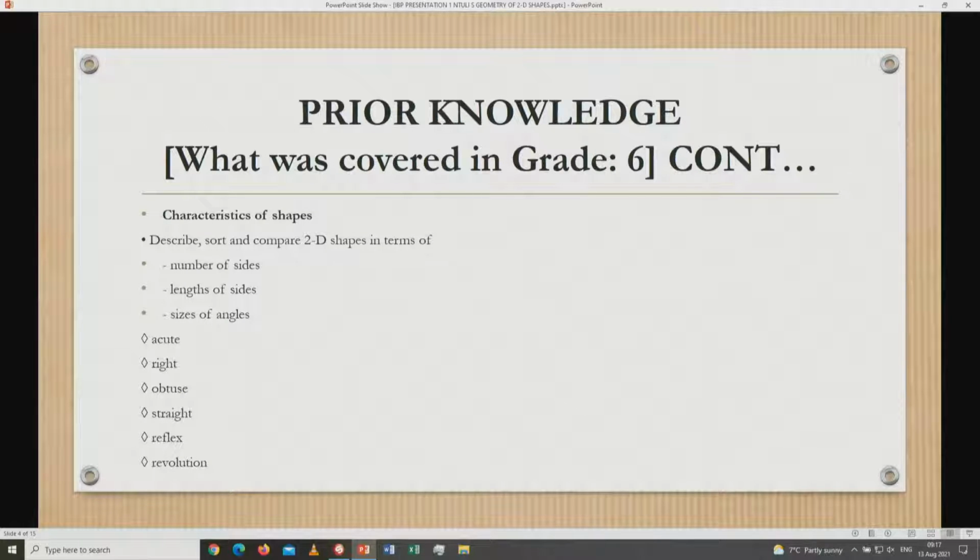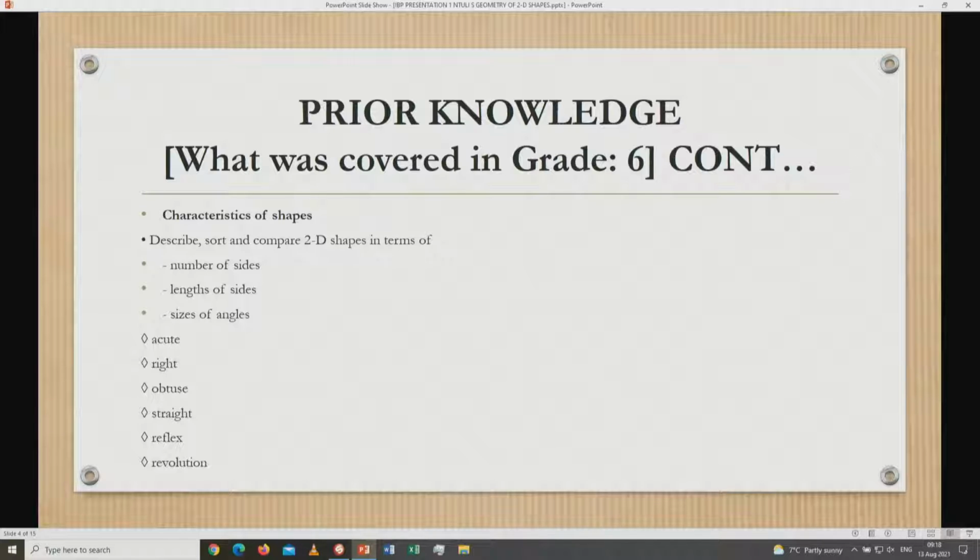Then we spoke about the characteristics of shapes: describe, sort, and compare two-dimensional shapes in terms of number of sides, length of sides, sizes of angles: acute, right, obtuse, straight, reflex, revolution.